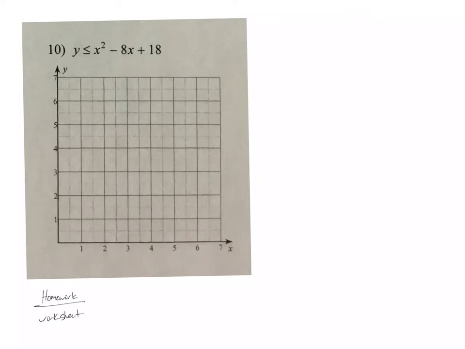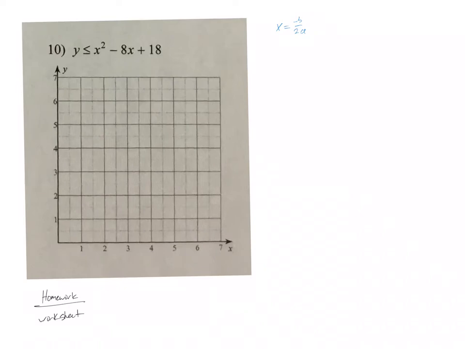Still the same idea here. I'm going to graph this one. This one's not in vertex form. This is just in standard form. So then I'm remembering I need to find the x-coordinate, or the axis of symmetry, which is the equation x equals negative b over 2a, if you remember that from graphing quadratics.